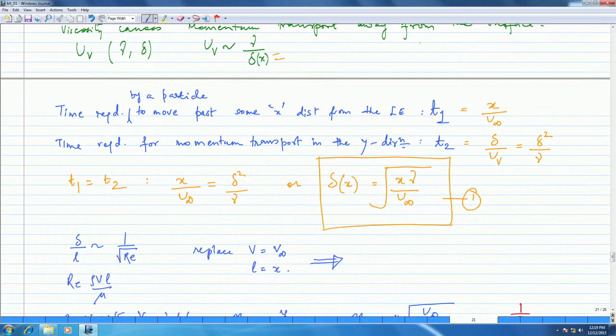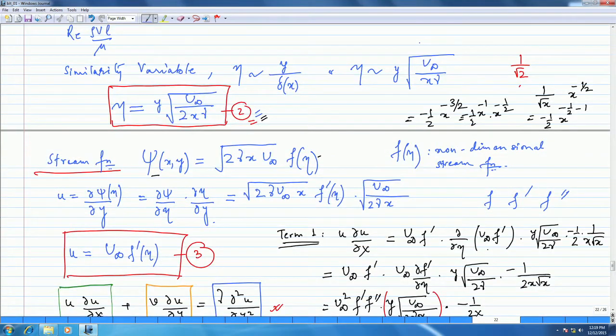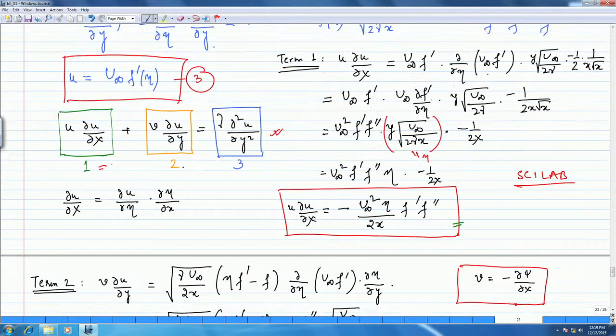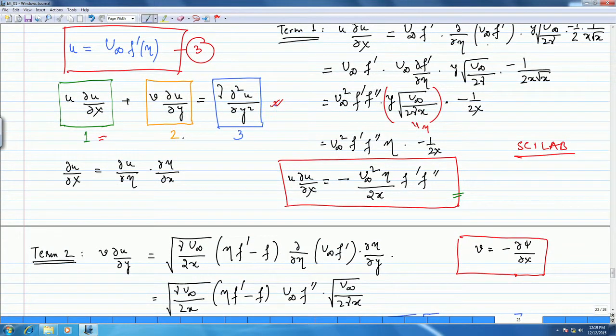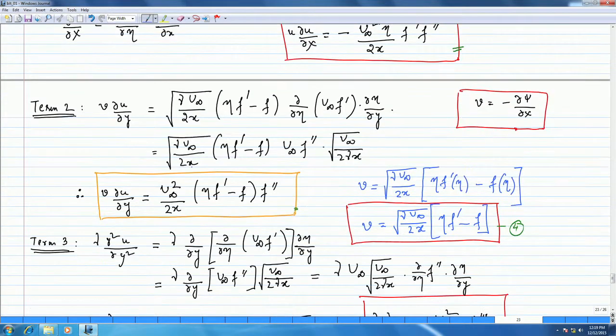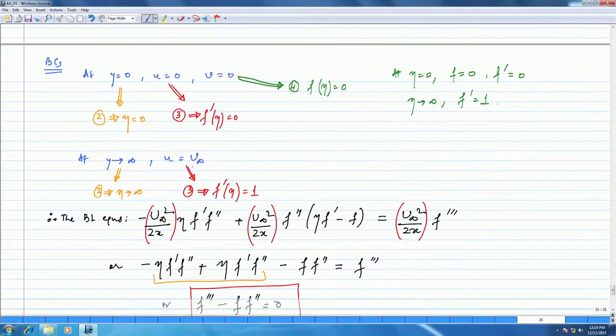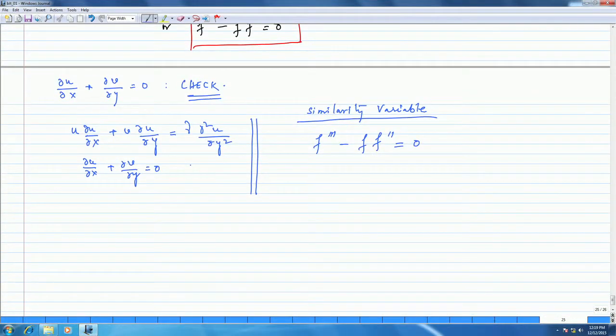We also defined a stream function, and from there we were able to transform our basic equations using the similarity variable. So the moment I did that, I came up finally with this equation.